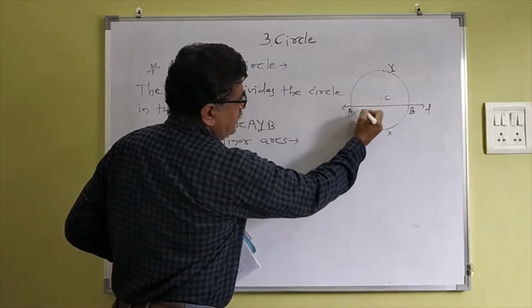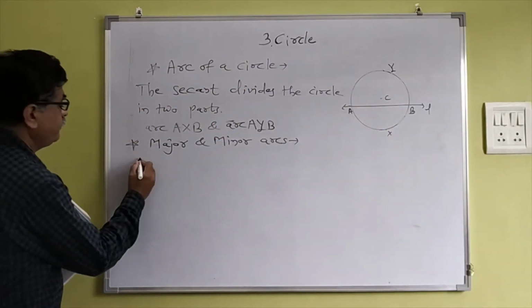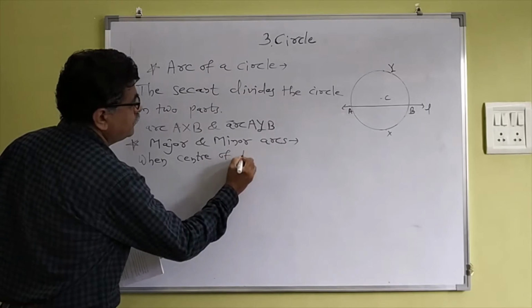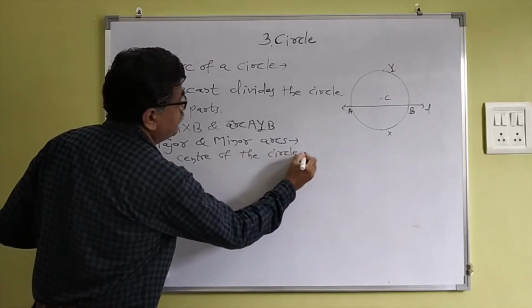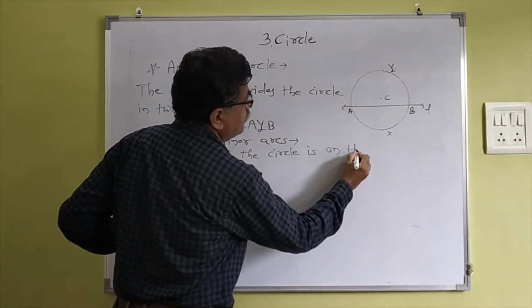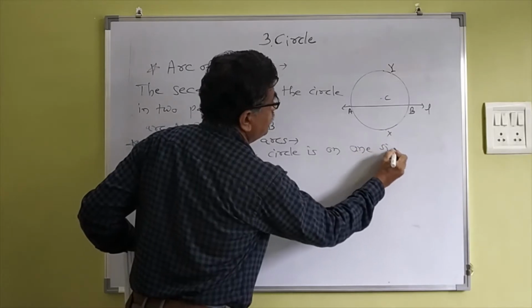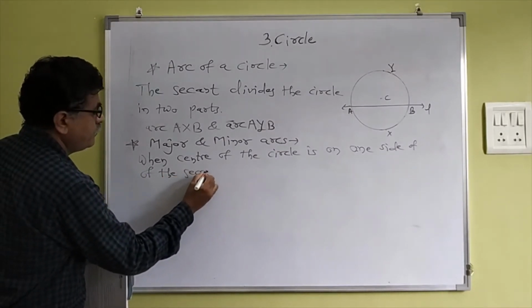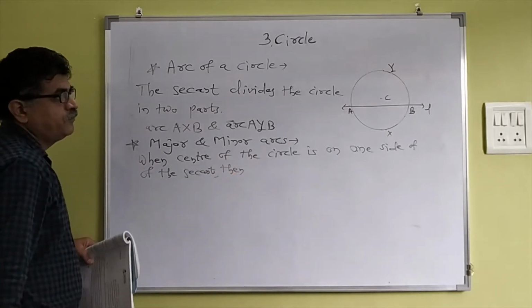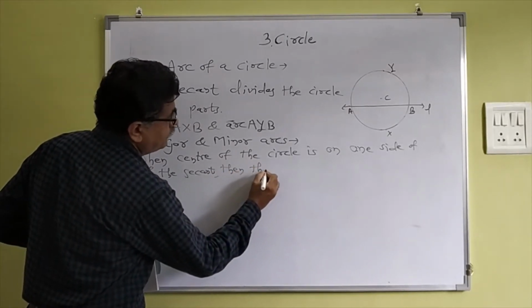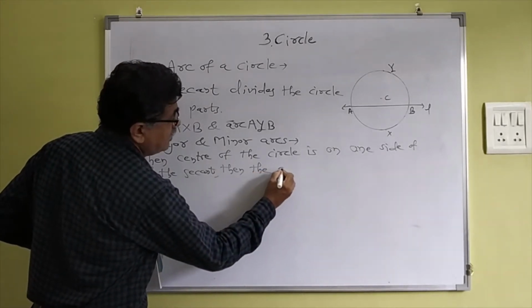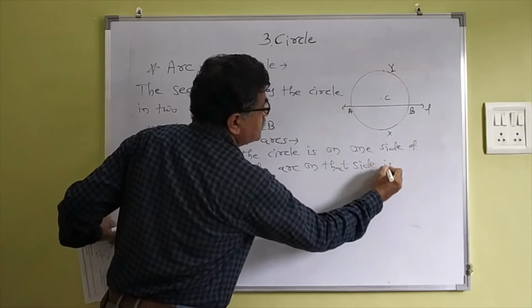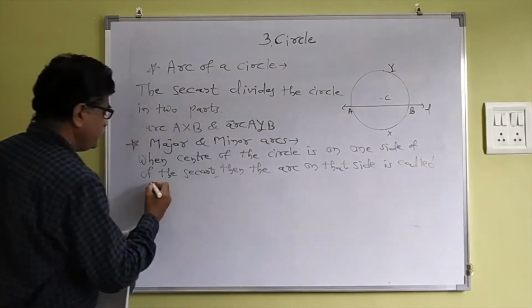When the center of the circle is on one side of the secant, then the arc on that side is called the major arc.